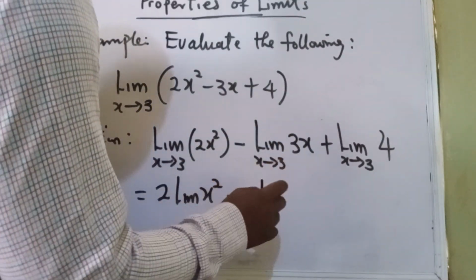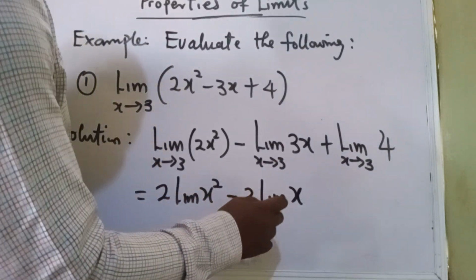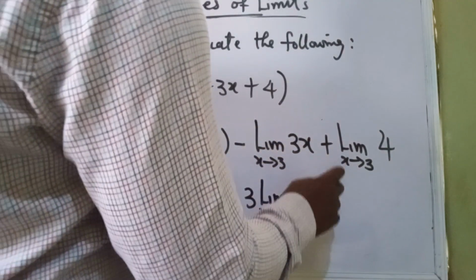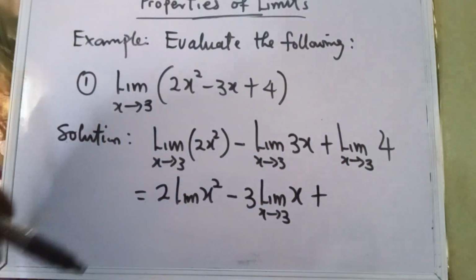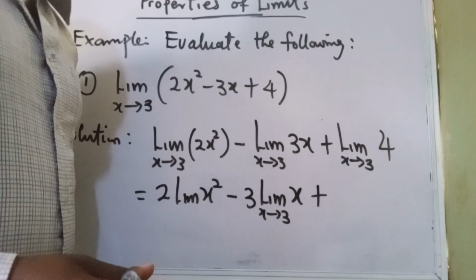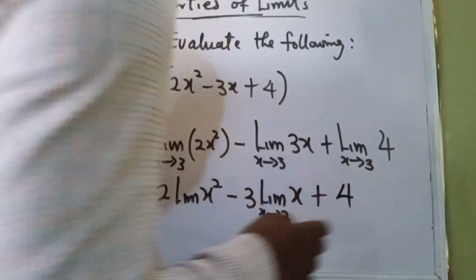So this will be 3 times the limit of x as x tends to 3. And here we can apply property 2 directly, which says the limit of a constant is that constant. So by that property, this will be 4.